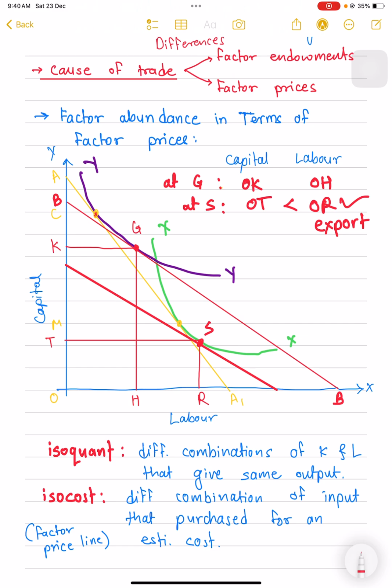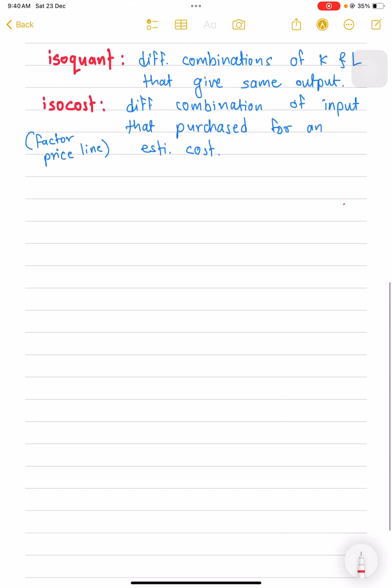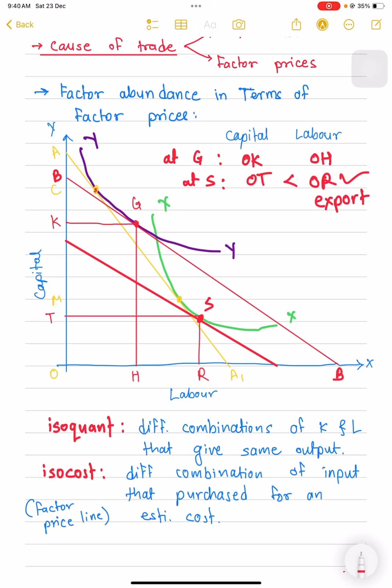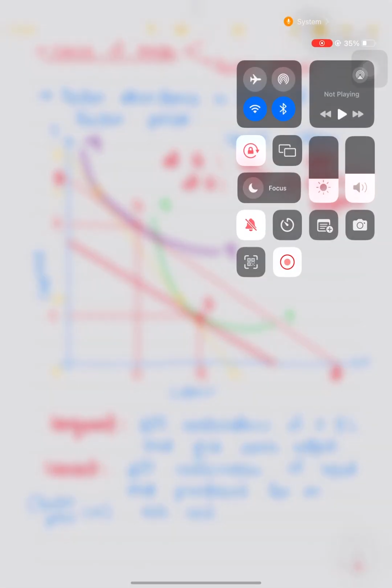Understood till now? Now we will look at another part of the diagram. I hope this is clear now. Go step by step like I have done.